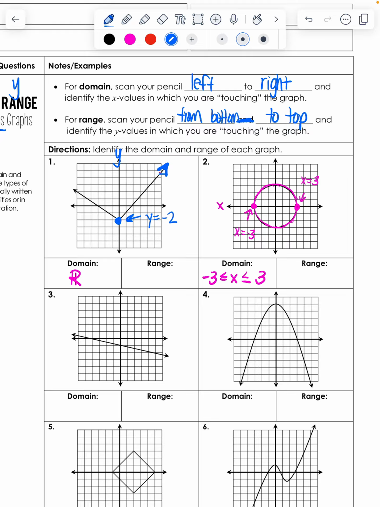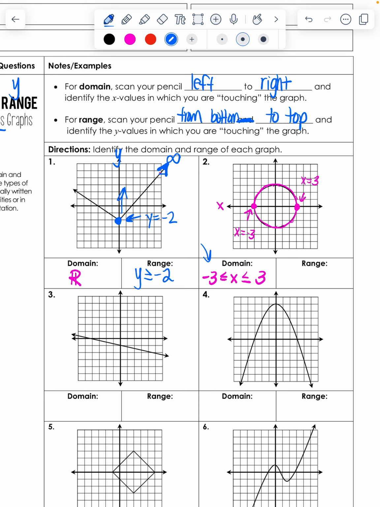Because of that, it's pointing to positive infinity, and the numbers continue to get larger and larger and larger for y. Well, the y values then are anything from -2 and up. So how we write that is an inequality. We don't have to make it a compound inequality like we did over here. We would just say y is greater than or equal to -2.